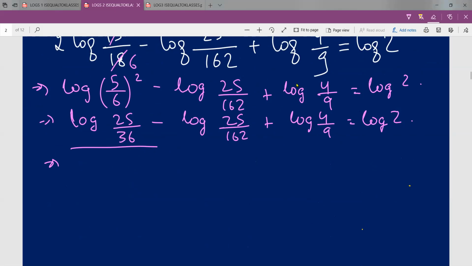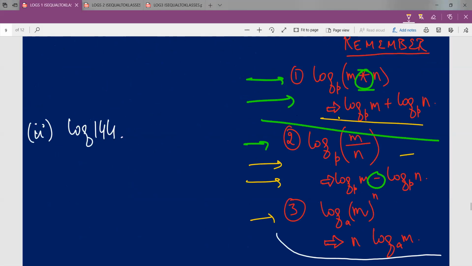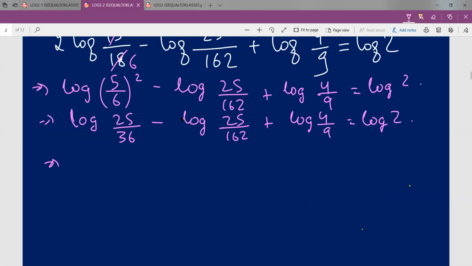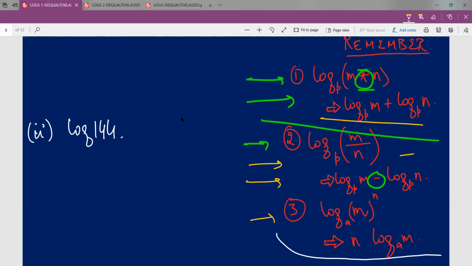Let's go back to the laws. Over here, there are some laws given, and I could write this whole log equation simply as log of 25 divided by 36. Now there's a minus. Where there is minus, there is division. So log of m divided by n to the base p is equal to log of m to the base p minus log of n to the base p.